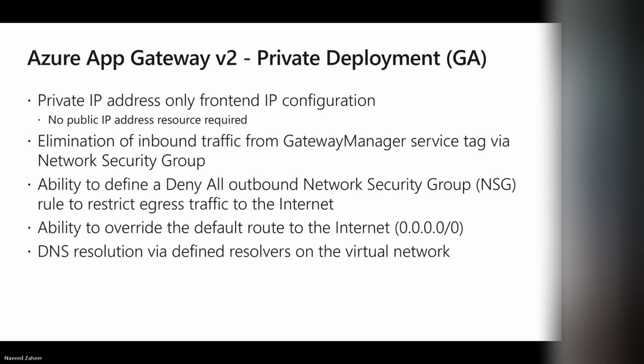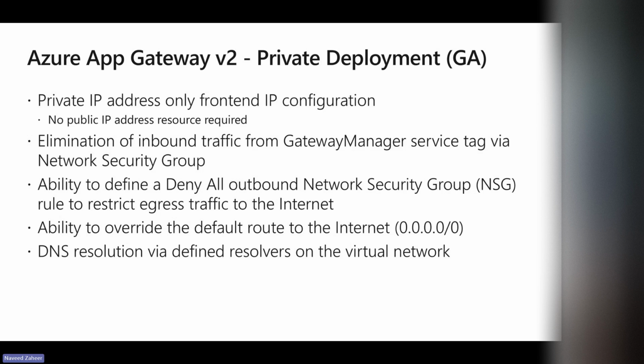So what was happening is that there is this gateway manager tag, and that traffic was coming in through an inbound service tag to App Gateway, if you had an App Gateway before the private deployment.